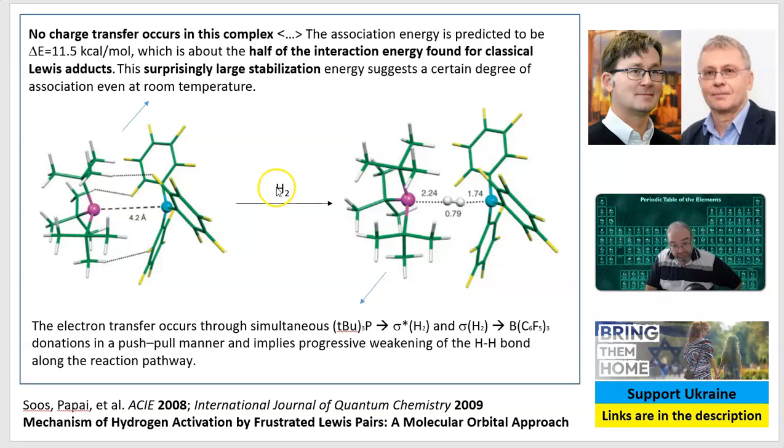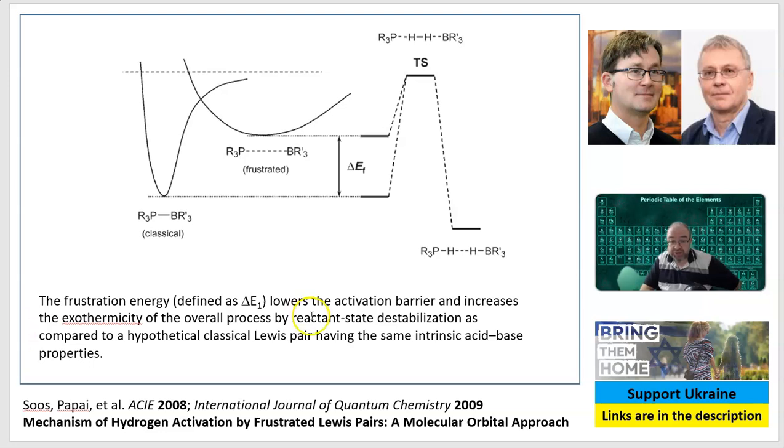But then hydrogen comes. So when the hydrogen comes into the picture, there is an electron transfer from the base to the hydrogen and from the hydrogen to the acid. And that's the way the hydrogen-hydrogen bond splits, and then it can be transferred to another molecule. So that's, at a glance, the first publication, maybe just another nice idea which was mentioned there.